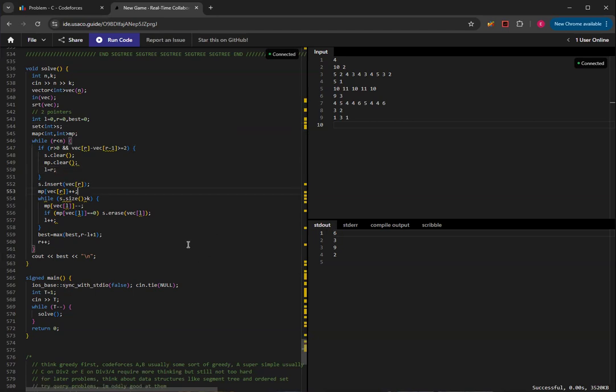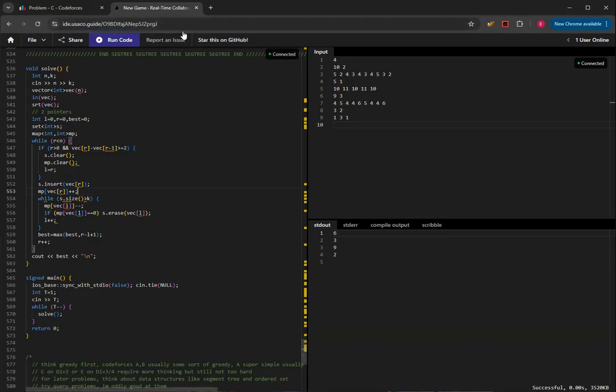While the size of the set is greater than K, you keep moving the left boundary closer to R. You subtract from the map, and if that value is equal to 0, then erase it from the set, and add 1 to the left boundary. Then you update the best with R minus L plus 1, and at the end you just print it out.